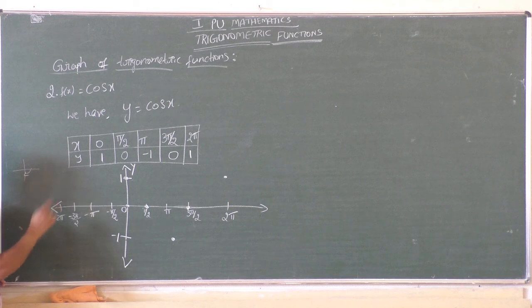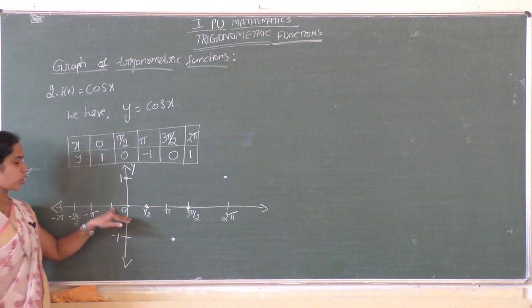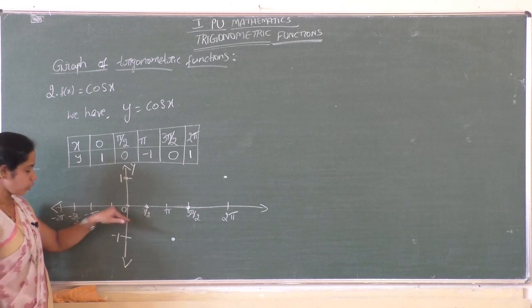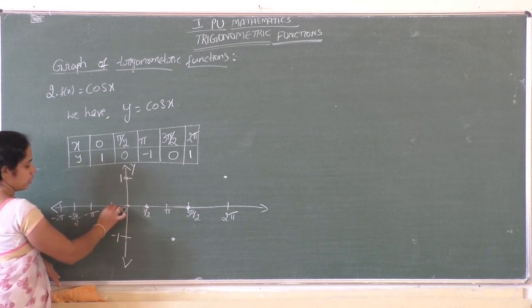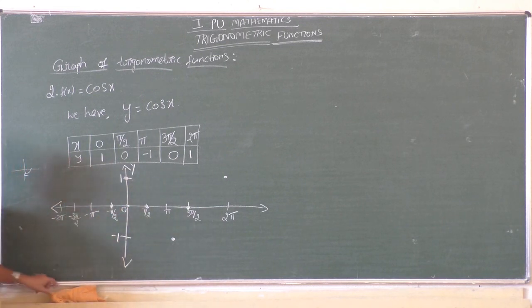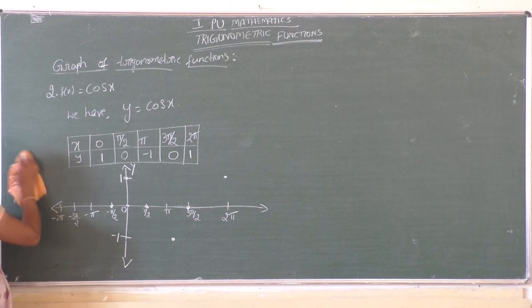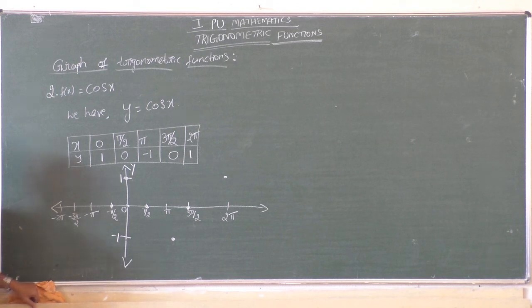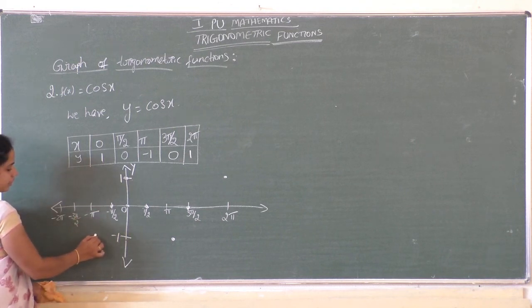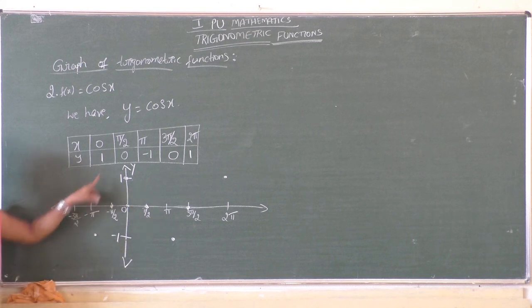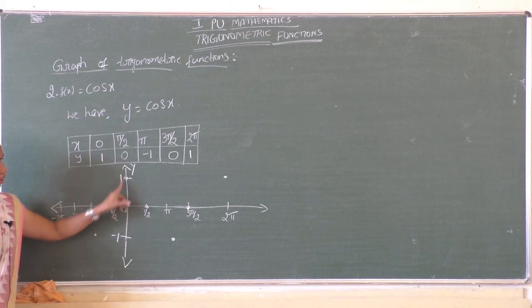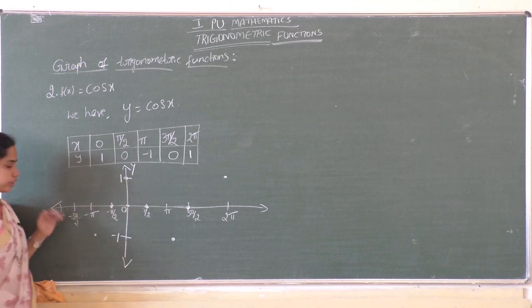Cos pi by 2 is 0, so cos of minus pi by 2 is also 0. Cos of minus pi is minus 1. The same values repeat. Draw the positive side, and the same repeats on the negative side also.